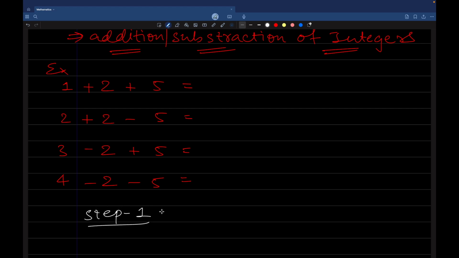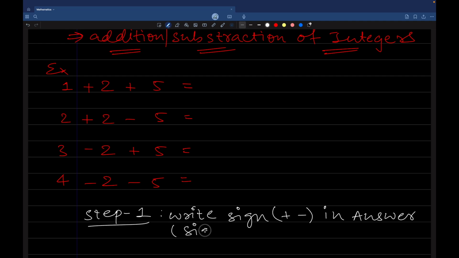Step 1, write the sign, positive or negative, in the answer, and it is determined by the sign of the bigger integer.